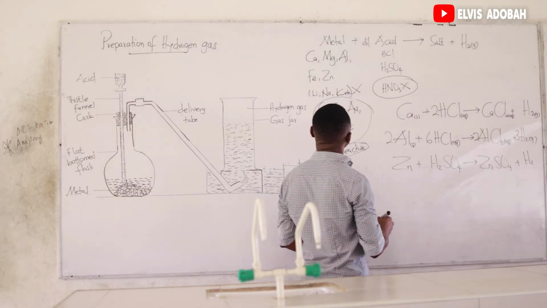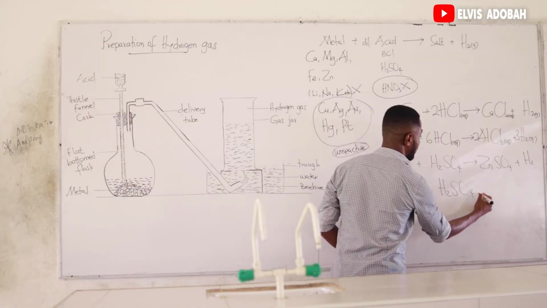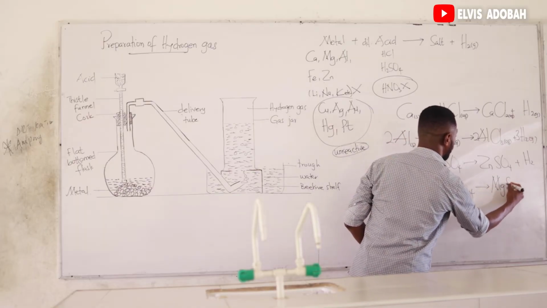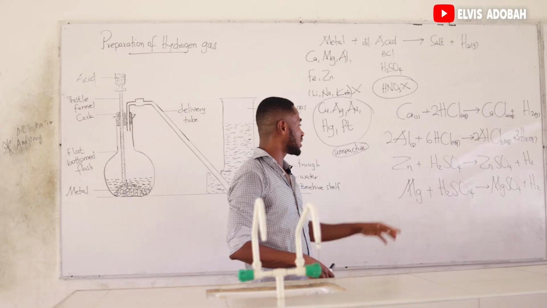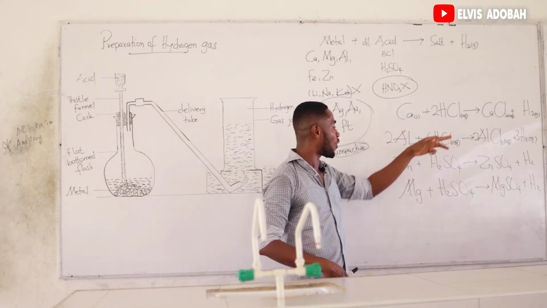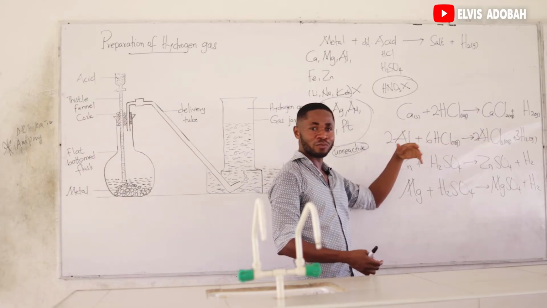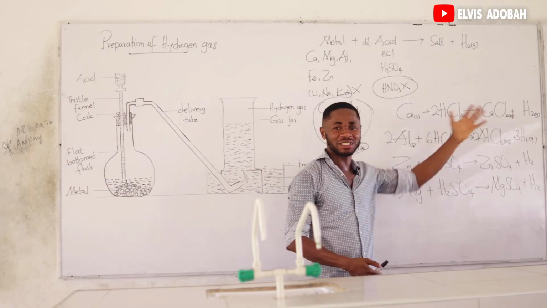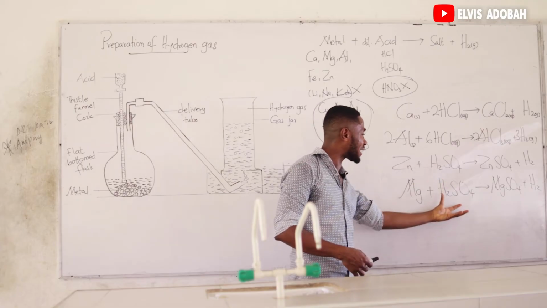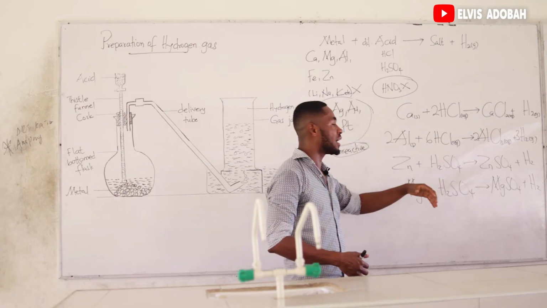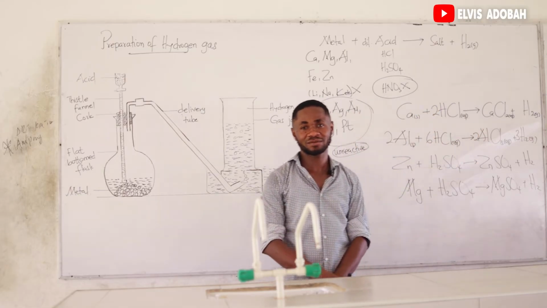We also have magnesium metal reacting with sulfuric acid to produce magnesium sulfate and hydrogen gas. Zinc can also react with hydrochloric acid to form zinc chloride and hydrogen gas. Magnesium can also react with hydrochloric acid to form magnesium chloride and hydrogen gas. Calcium and aluminium can react with sulfuric acid to form calcium sulfate and aluminium sulfate respectively, together with hydrogen gas.